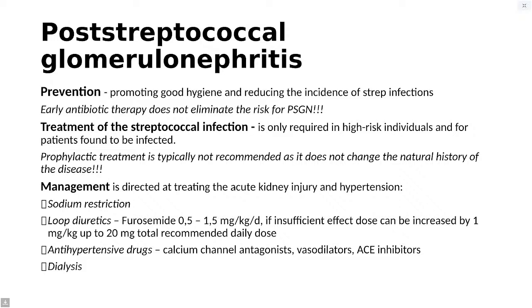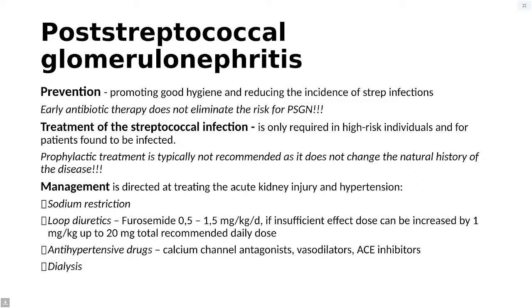Prevention is, the first, promoting good hygiene and reducing the incidence of strep infections. But early antibiotic therapy does not eliminate the risk for post-streptococcal glomerulonephritis. Very important in our practice.